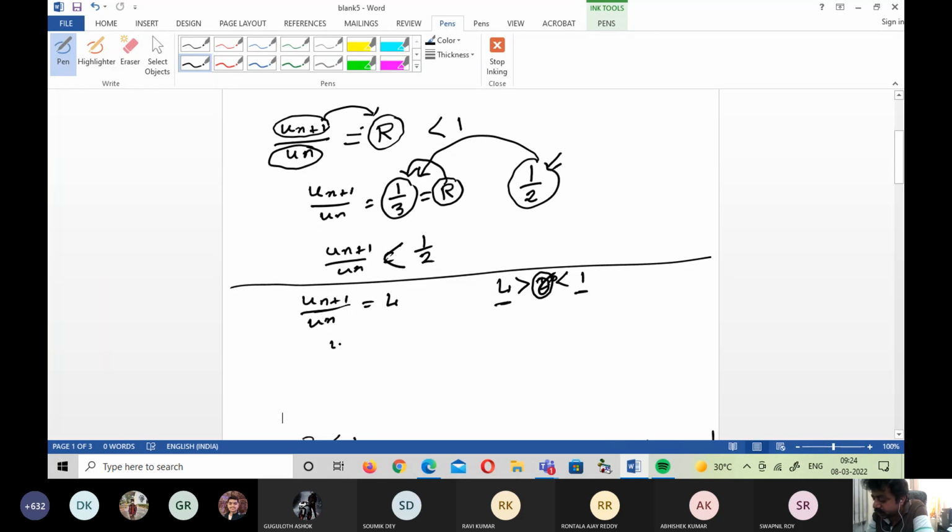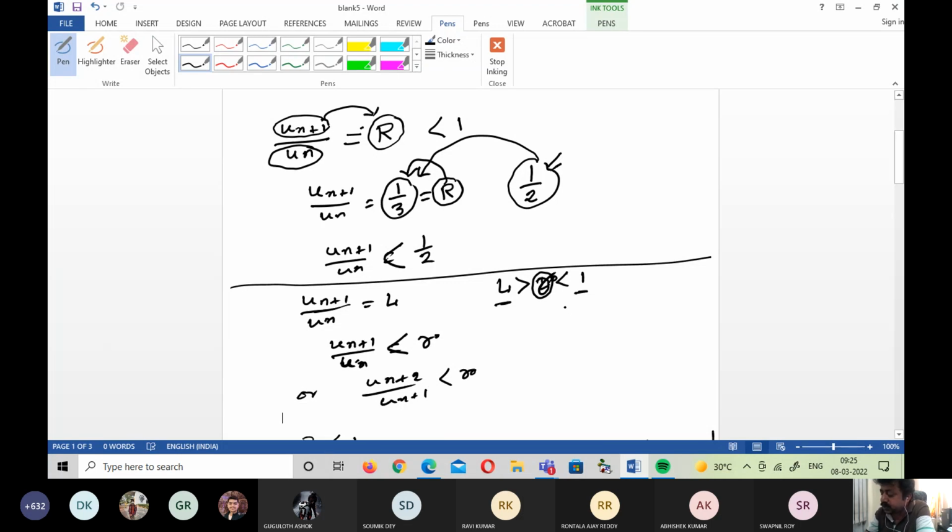So you can easily write that u(n+1)/u(n) is less than r. Can it be written? In generalized form, u(n+2)/u(n+1) is also less than r from this formula.